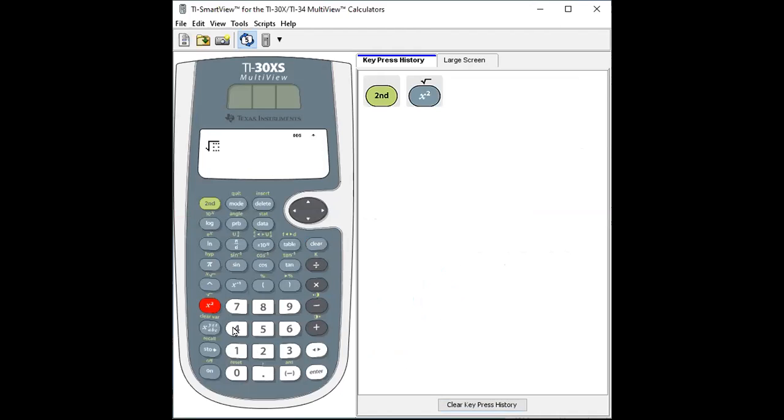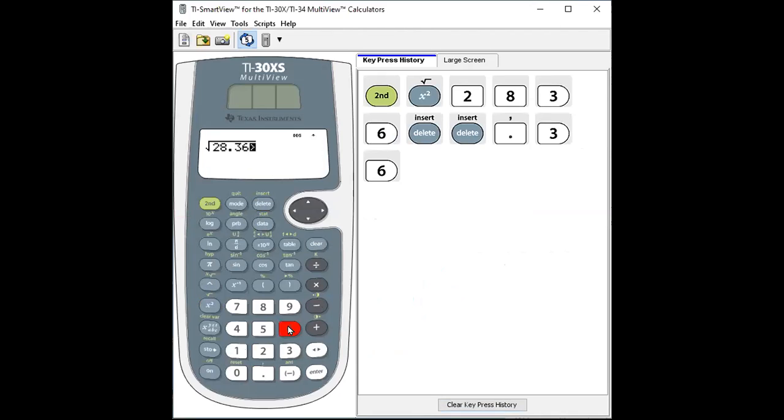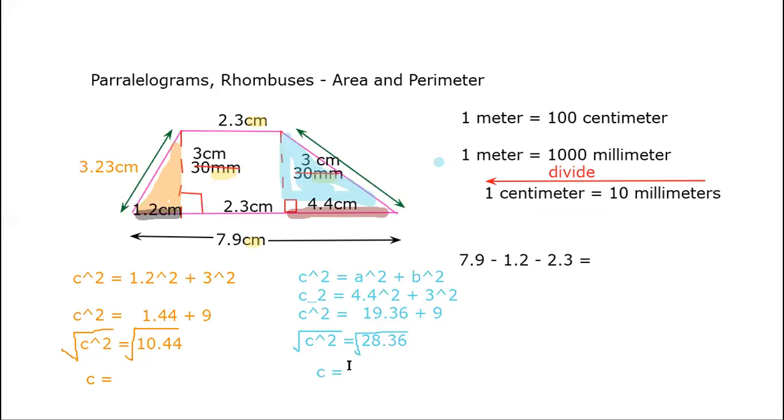Second, we're actually going to type this in. I don't want you to learn to use those shortcuts. So the square root of 28.36 is 5.33. And that's an estimate, of course. It's not going to be exact on this one because our square roots didn't come out exact, and we don't have exact measurements for things. We had to estimate.